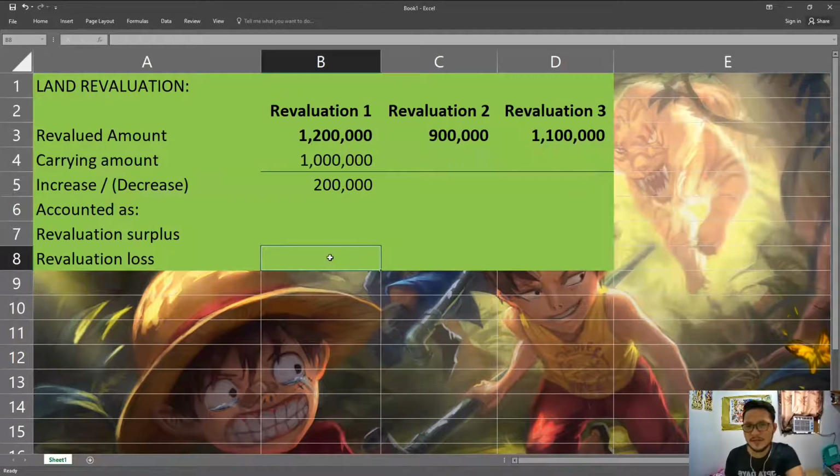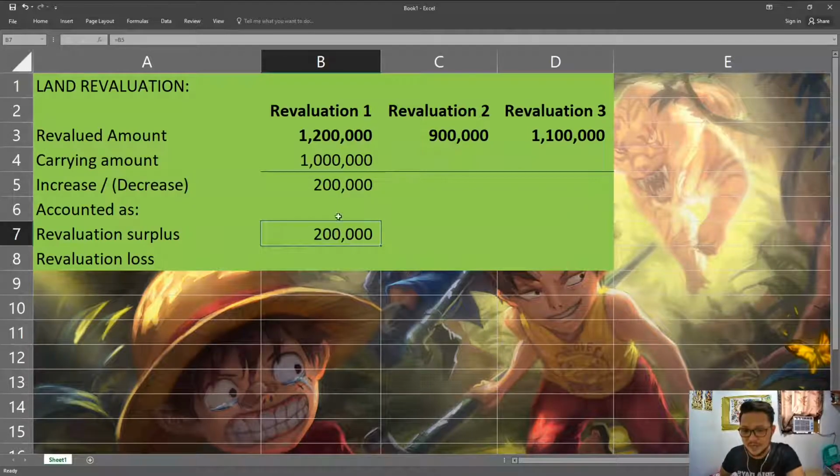First, is there a previous revaluation loss na na-recognize natin? Kung meron, you have to cancel the loss first. But since this is the first time na magre-revalue tayo, both surplus and loss have zero history. Okay? So wala tayong previous amount. Since zero ka revaluation loss, everything will go into revaluation surplus.